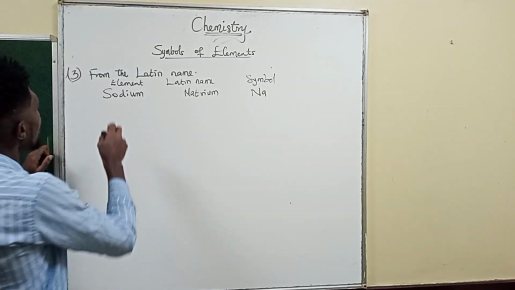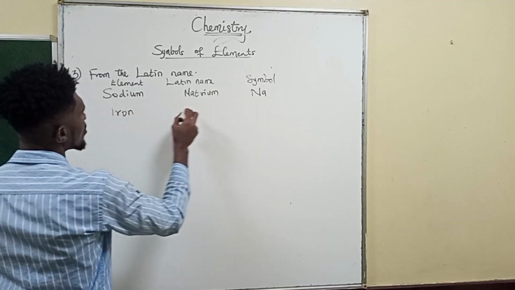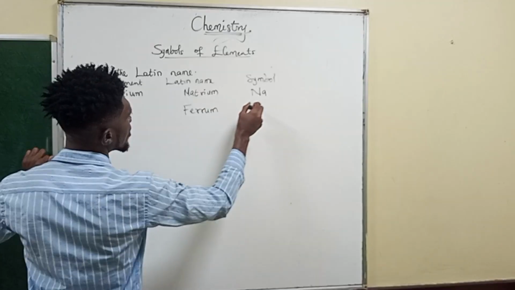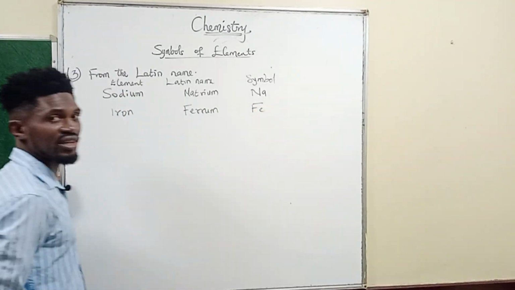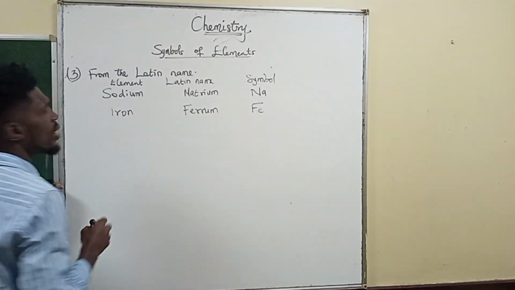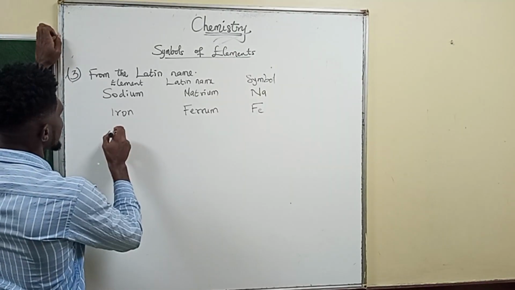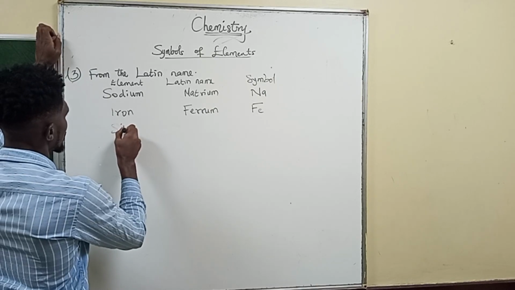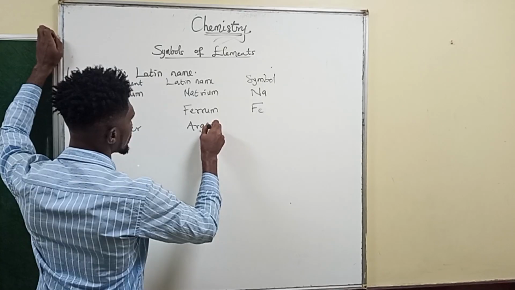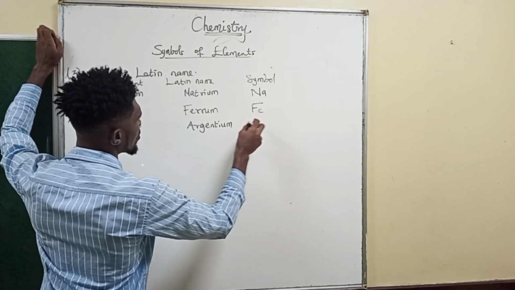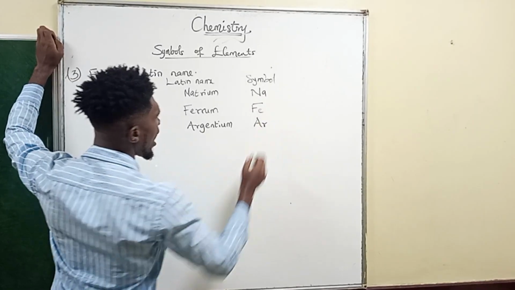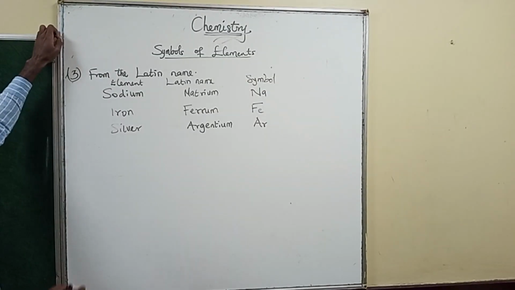Right? We have iron. We have it as what? Ferrum. Capital letter F and small letter E. We have silver as what? Argentum. And it comes with what? Capital letter A and small letter R. Okay?